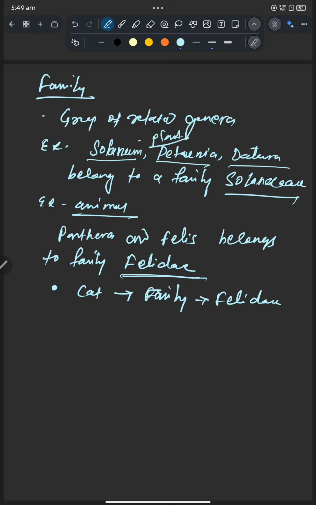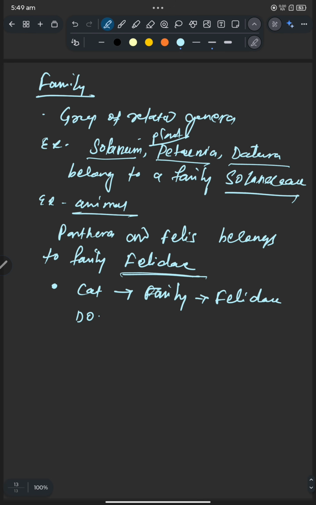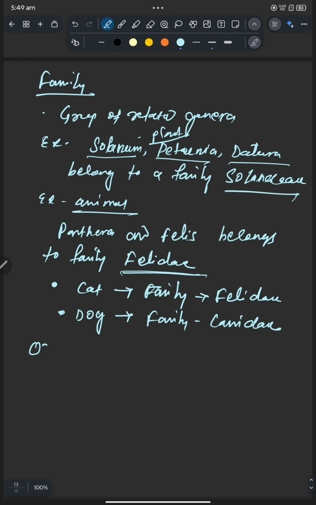Okay, and dog family is Canidae. They're carnivorous, that is why they are called Canidae. Canine teeth are well developed. Okay, then the next hierarchy comes, order.